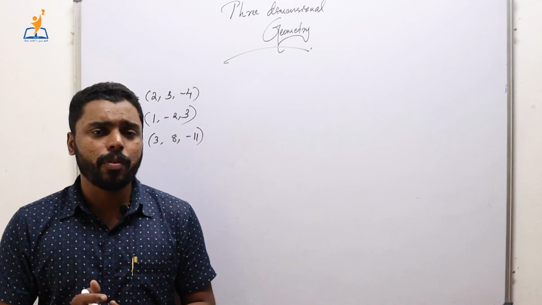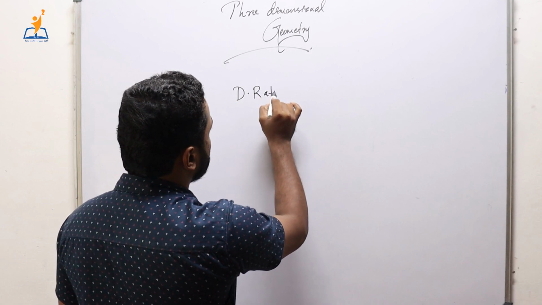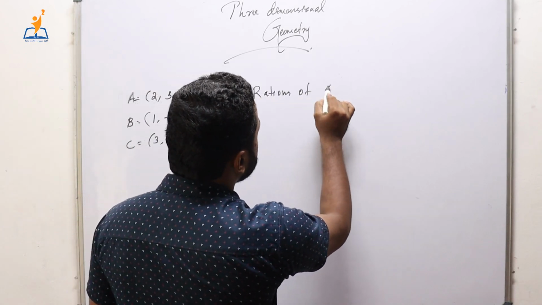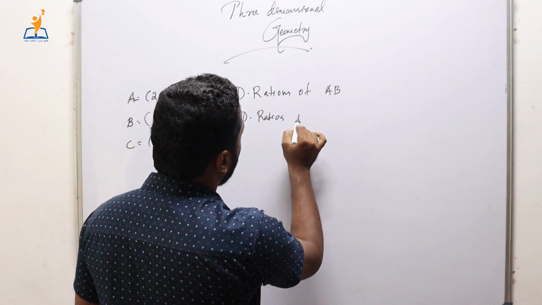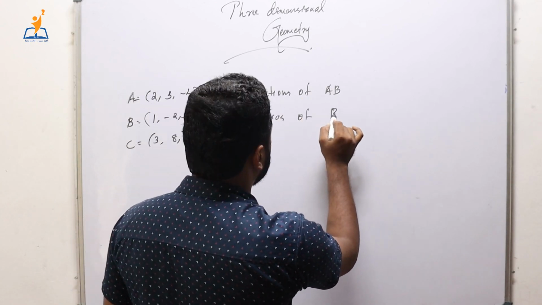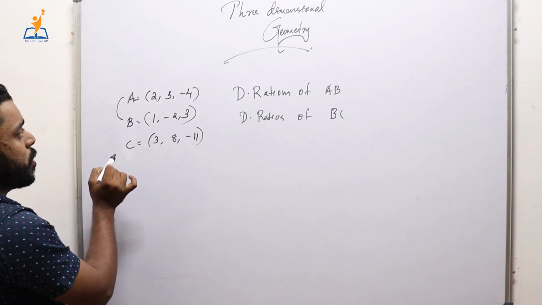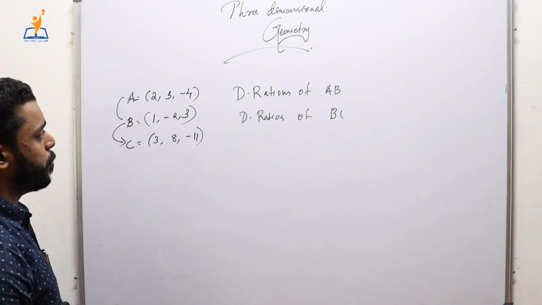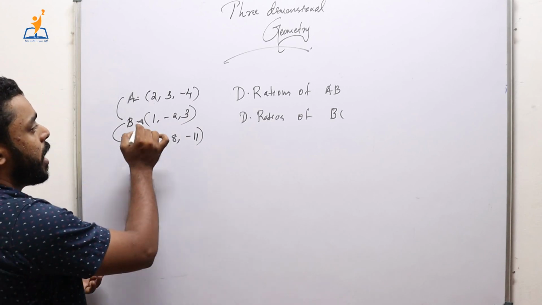First of all, it is easy for us to find the direction ratios of lines AB and BC. Suppose that this is A, B, C. Just like we did in the chapter vector, we can find AB.